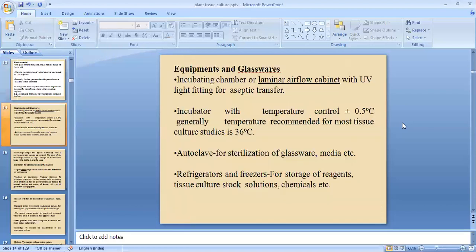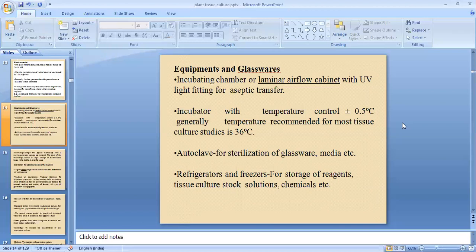The equipment and glassware you require: you need an incubating chamber, that is nothing but the laminar airflow cabinet with a UV fitting light. You might have seen it in your microbiology lab, where all the aseptic techniques or transfers have to be done. And then an incubator, which should have temperature control, and the usual recommended temperature for most tissue culture is 36 degrees centigrade.